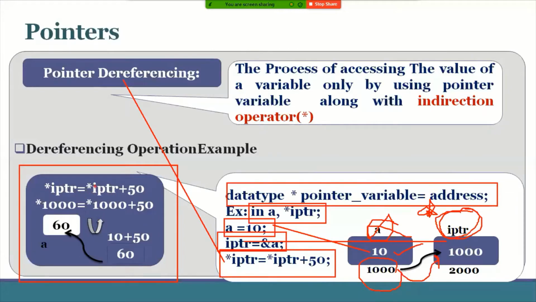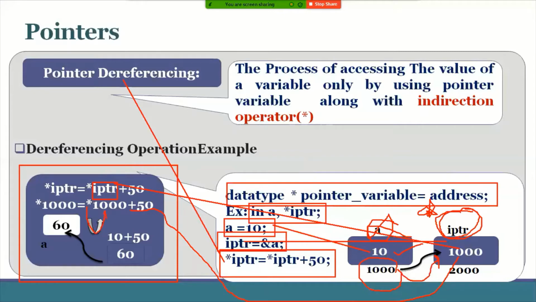So what is IPTR actually? This IPTR is this thing, 1000. IPTR contains 1000. This 1000 will be substituted over here, and we apply this indirection operator. That is, the value within this 1000 location.